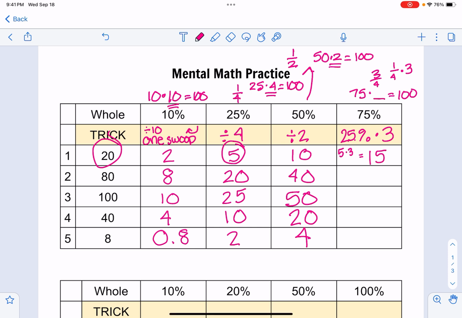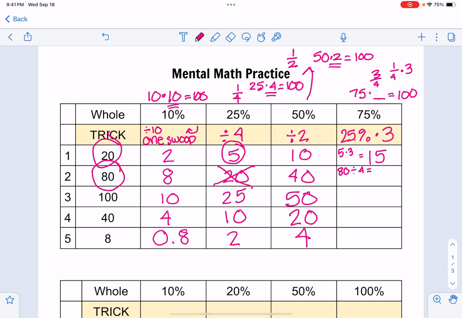What if I hadn't already found 25% though? So for 80, I'm going to pretend that I don't know that it's 20 for 25%. I'm going to pretend that on a test, it just asked me for 75% and I had to start from scratch. The first thing I would do is divide it by 4. 80 divided by 4 will tell us what 25% of it is.